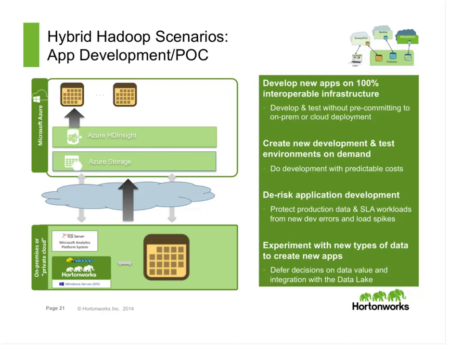The second scenario is doing your proof of concepts or your application development. Many times we see organizations wanting to bring in new data, but they don't necessarily know what the value of that data is yet. So they want to experiment with it a little bit and see, is this worth integrating into my production environment? Before you know that, before you commit to that, it'd be nice just to sort of play with it.